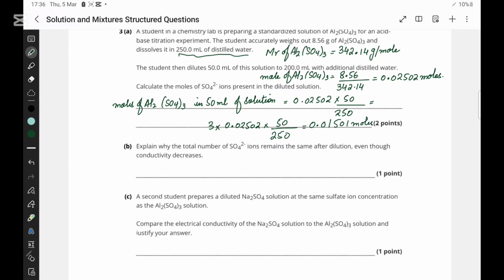Why does the total number of sulfate ions remain the same after dilution even though conductivity decreases?